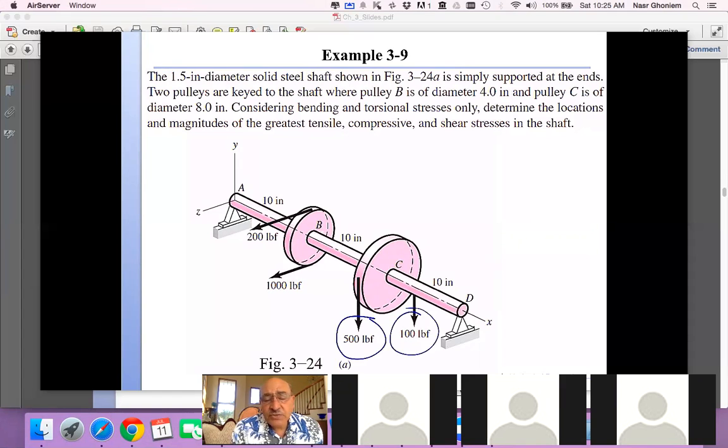Then we can calculate the torque as the difference between the torque caused by the 500 minus the torque caused by the 100, and we just compute them at the center point. So it'll be 500 times 4 minus 100 times 4. And that has to balance exactly the torque on the smaller pulley, which has half the diameter of the larger one, and again has a tight side of 1000 and a loose side of 200.